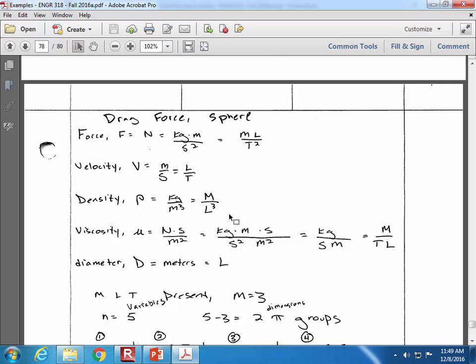Because before it was mass divided by t squared, and then here I can cancel out the mass by dividing this whole expression by density times diameter to the third. So it'll be diameter to the fourth, since there was already 1 diameter there. And then here's the density.